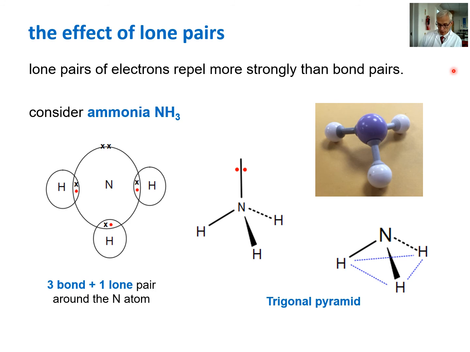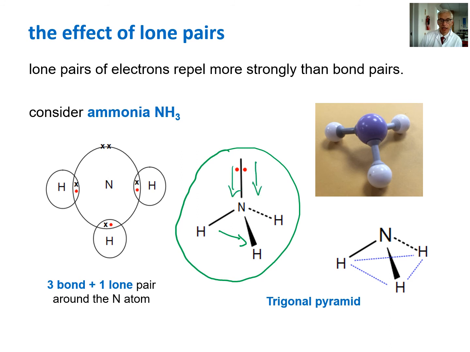Now we would base our bond angle on the fact that we're going to look at this shape here. So what is this bond angle here? Well, the lone pair repels more strongly than a bond pair.